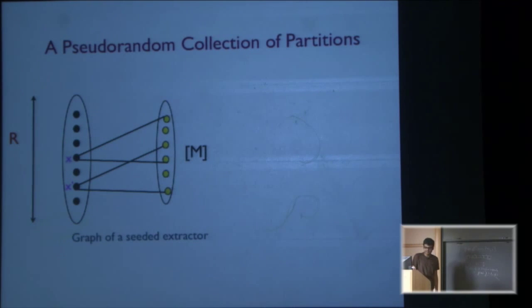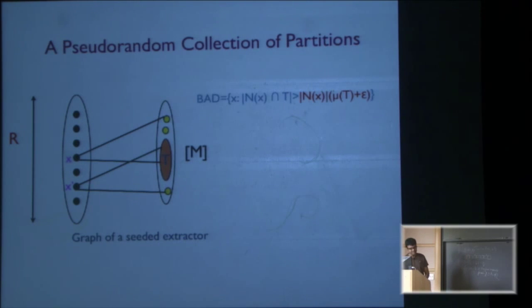And we actually get this collection of partitions using, again, seeded extractors. Seeded extractors can be seen in a graph-theoretic way: you have a sample x, and you output an m-bit string, and there is an edge if there is a seed which takes x to that output. All nodes on your left have degree 2^d, where d is the seed length.